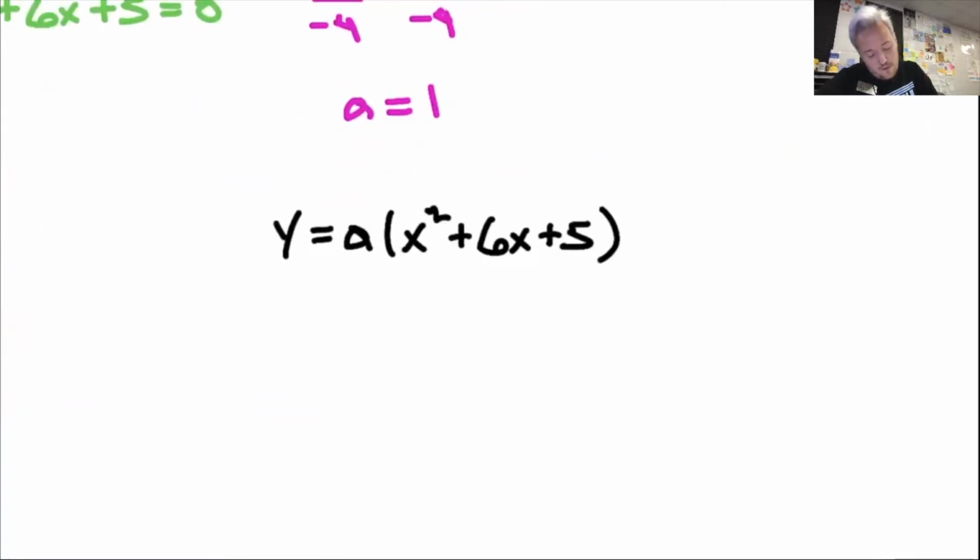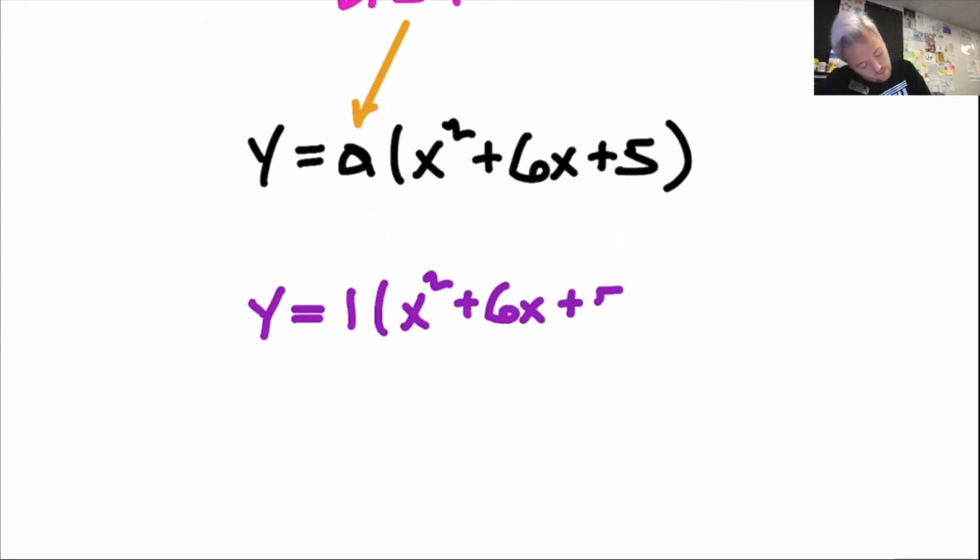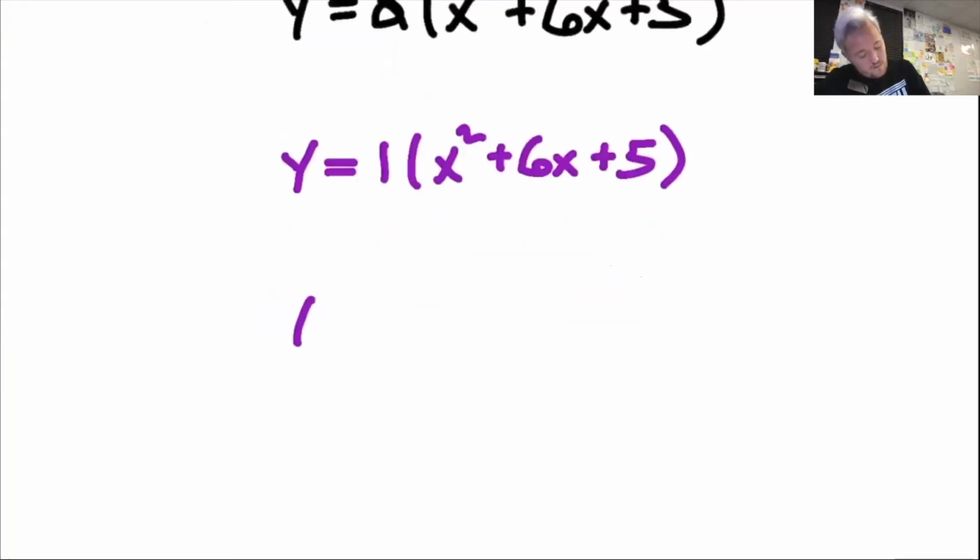When you plug in 1, it doesn't change. So your final answer here, 1 times (x squared plus 6x plus 5), is just going to be x squared plus 6x plus 5.